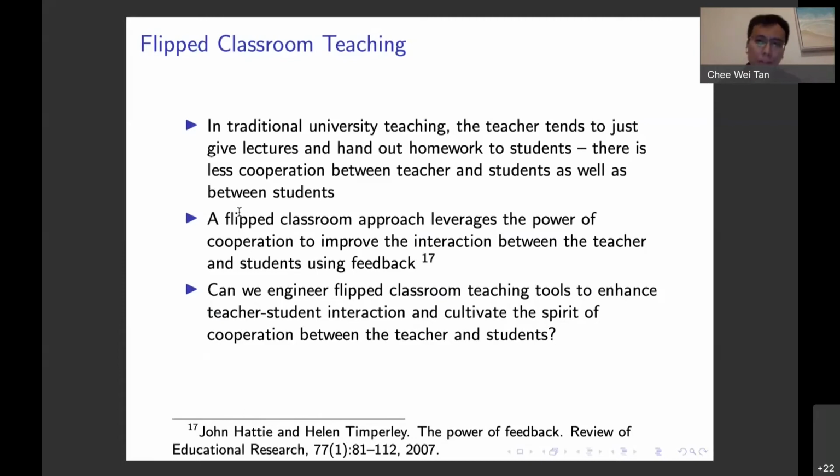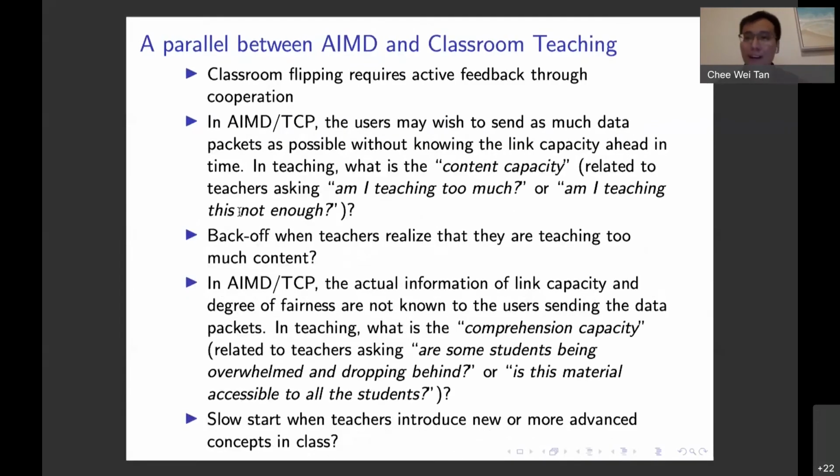So can we engineer some kind of flipped classroom teaching tools to better equip teachers to close the gap between the teachers and the students, right? This is the parallel that I put in the paper, and I want to thank Geoff Voelker from UCSD for giving me this parallel.